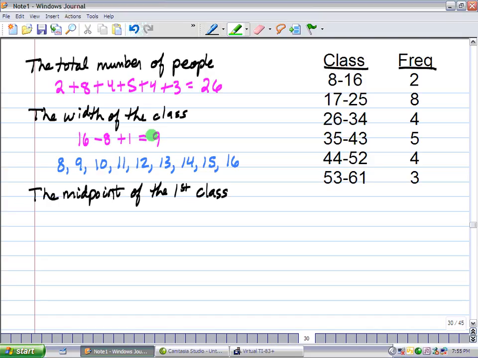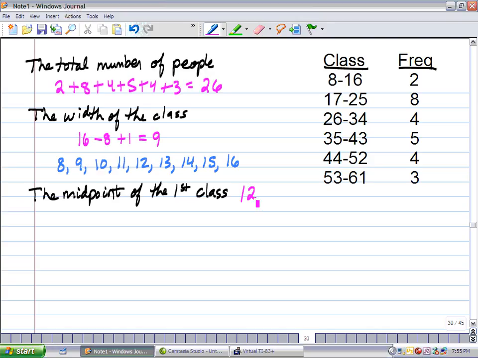So half of 9 would be 4.5. There is really no 4.5 number. So I can count the 5th one from either end, the 5th one from the left or the 5th one from the right. So the midpoint is going to be 12.